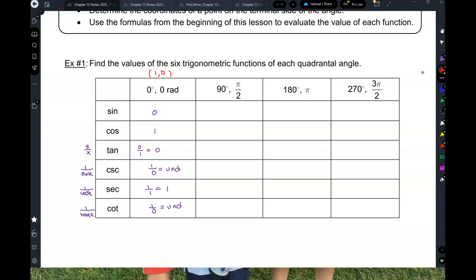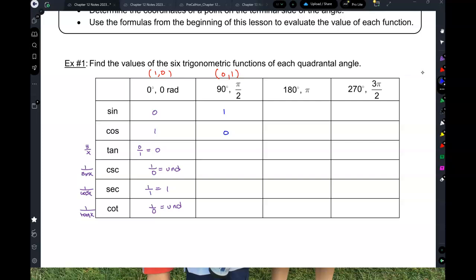Okay, now we're going to do another one. We're going to do 90 degrees, then I'll take some questions. So for 90 degrees, you have to write the coordinate point. 90 degrees is up at the top. Up at the top, x is 0, y is 1. So again, sine is the y coordinate. How much is it? 1. Cosine is the x coordinate. How much is it? 0. Okay.